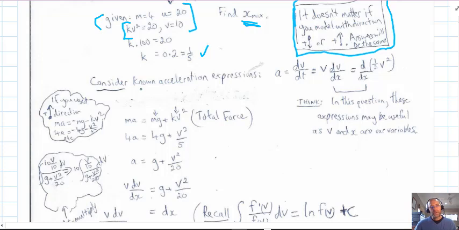So consider known acceleration expressions. This is variable acceleration, so we know we can't use those constant acceleration bits of calculus, or if you're allowed to, the SUVAT formulas. So they're no go for this. And we look at what expressions might be helpful.